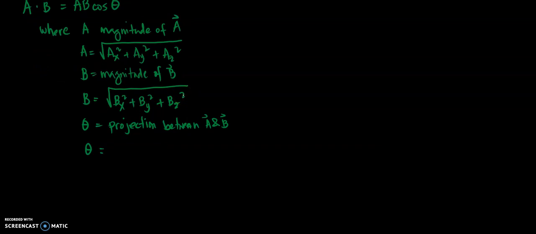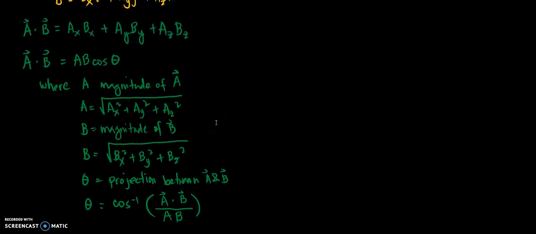Solving for theta, it gives you the inverse cosine of A dot B divided by the product of the magnitudes of vectors A and B.